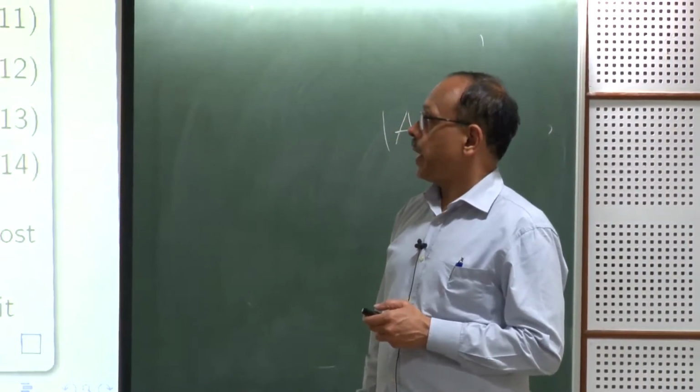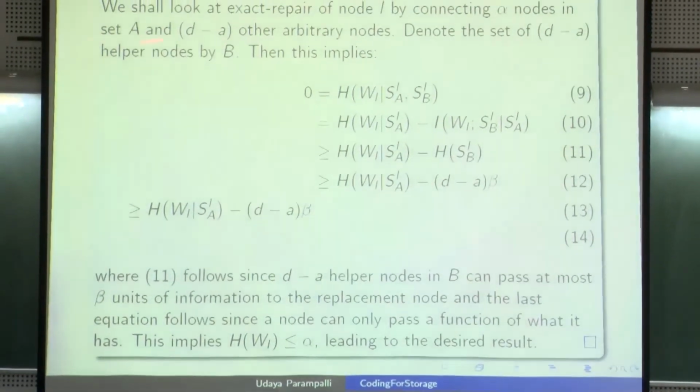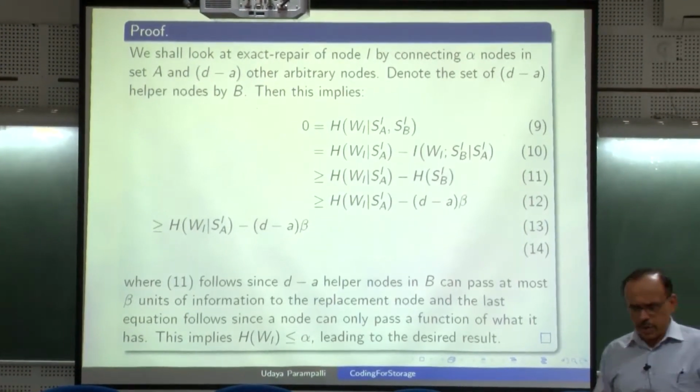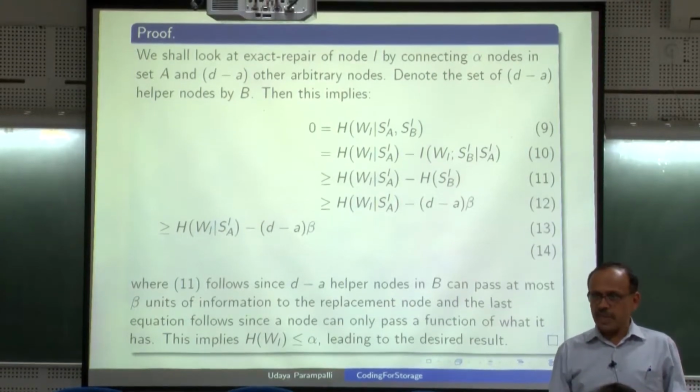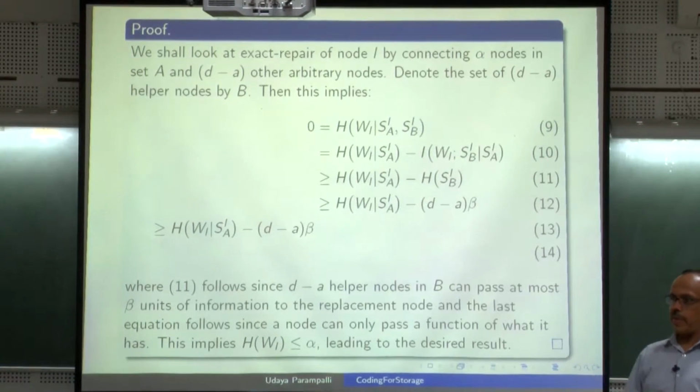So, how do you prove that? We shall look at the exact repair. In the paper, if you go through it in detail, they also do it for functional repair. A similar thing can be done, but exact repair is probably easier to see from the information theoretic point of view in the beginning.